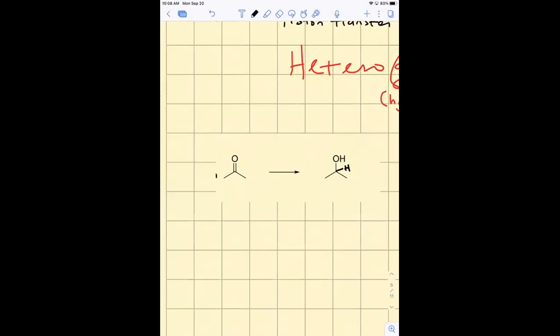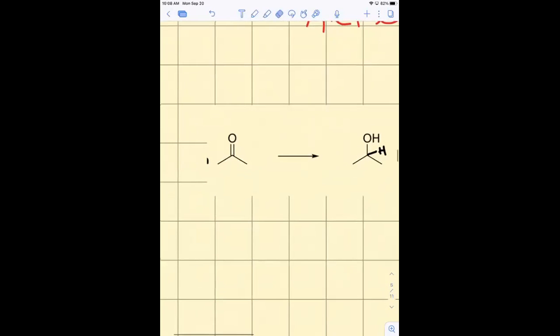So what did I actually do? Like, what does it look like? Here's a hint. If I start with a pi bond, you can see the pi bond here between carbon and oxygen. Right?